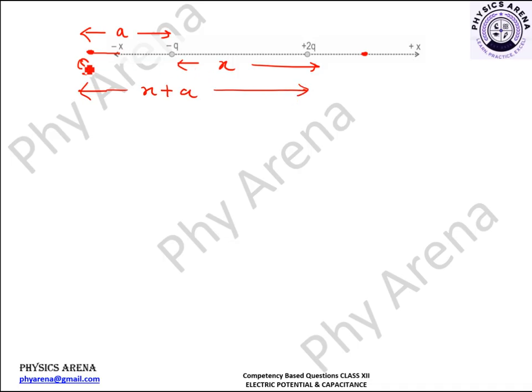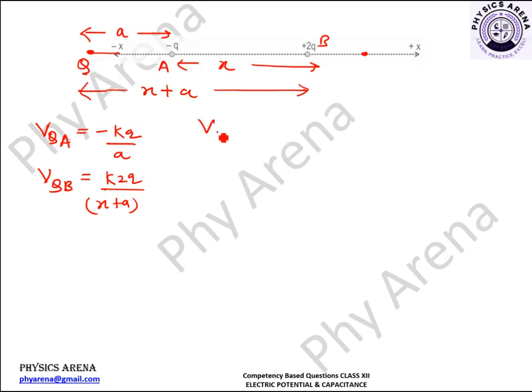Now again, we need to find the electric potential at Q. So electric potential VQ due to minus q charge, that is charge present at A, can be written as minus kq divided by a. And electric potential at Q due to charge present at B, that is VQB, is k times 2q divided by x plus a. And we want that at point Q, the electric potential has to be 0. So VQ is equal to electric potential at Q due to charge present at A plus electric potential at Q due to charge present at B, that has to be 0.